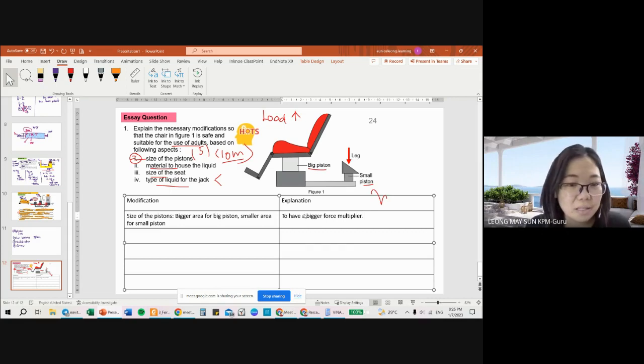Okay, so material to house the liquid, most important thing, it has to be strong. It does not interact with the liquid that much, but try not to use chemistry terms. So for me, material to house the liquid is strong material. My answer is strong material. That's in my head. So let's see.